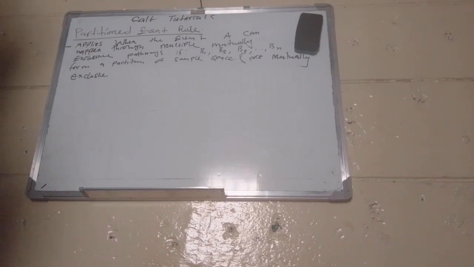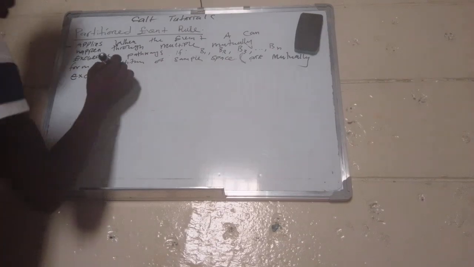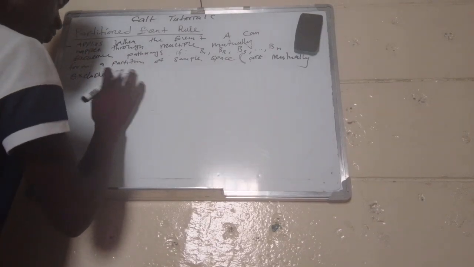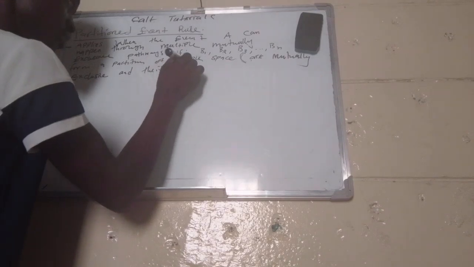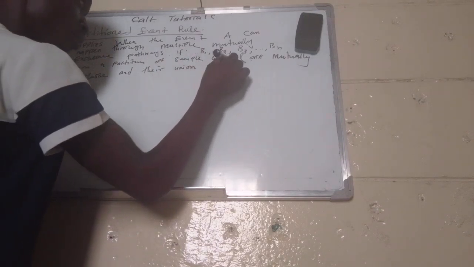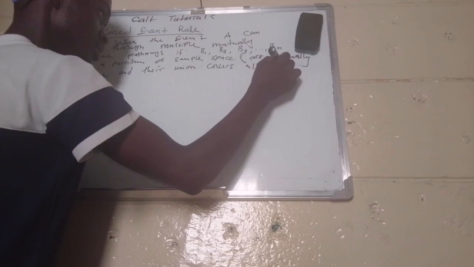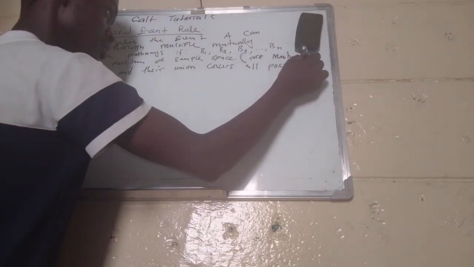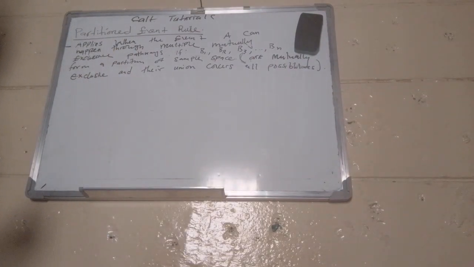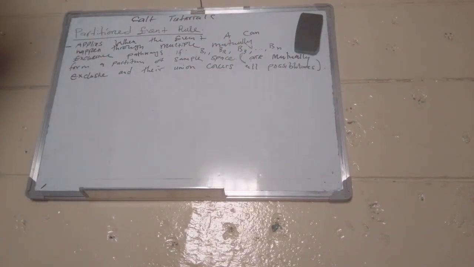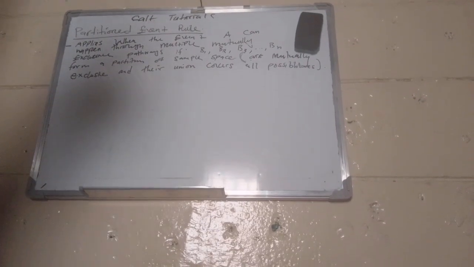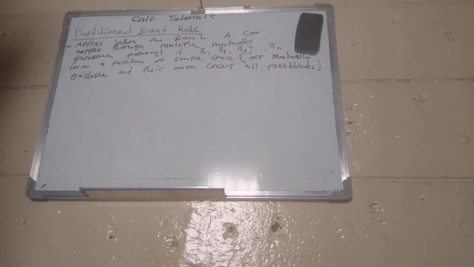So they are mutually exclusive, and their union covers all possibilities. That's what we mean. So event A is happening through these partitions. That's the concept we're supposed to understand there. So event A should be able to happen through those possibilities, through those partitions.